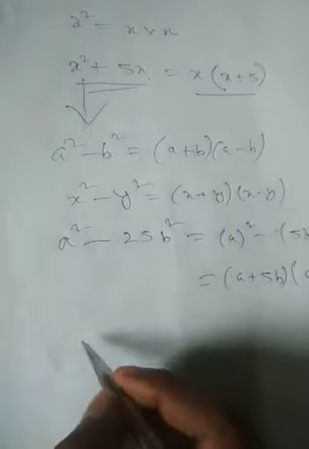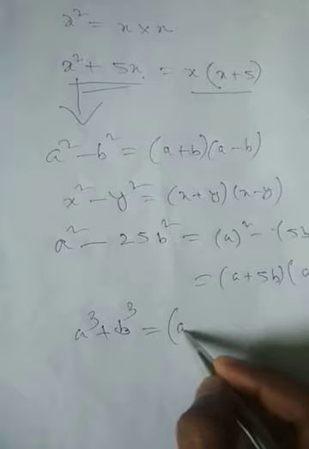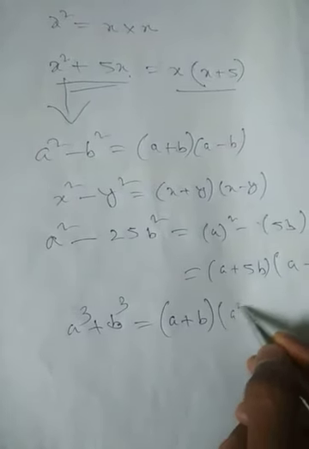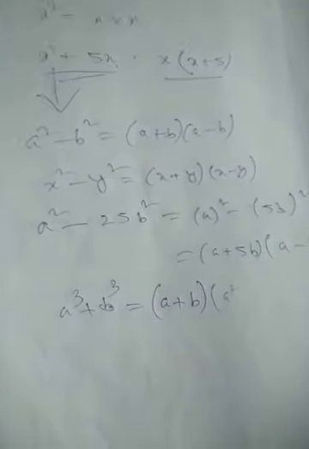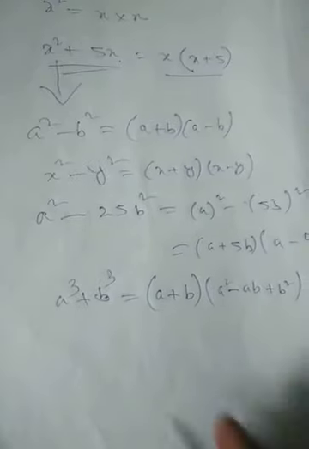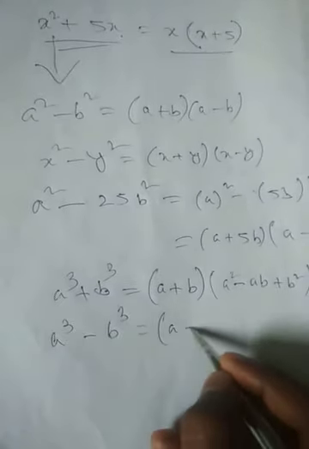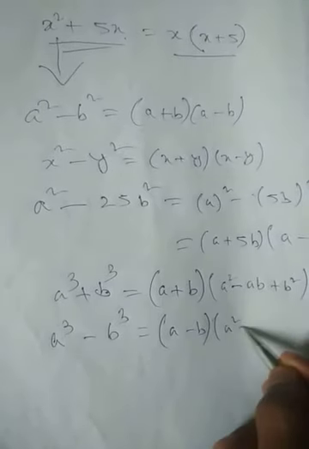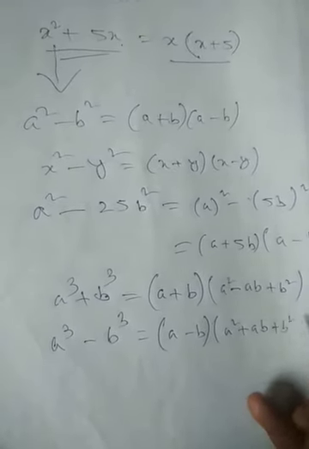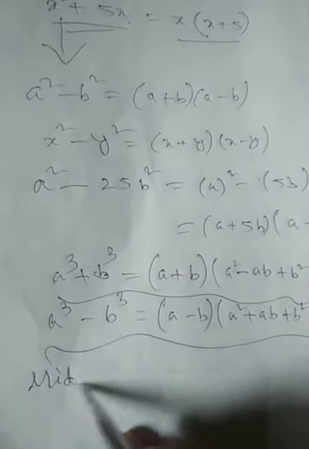There is another formula, a cube plus b cube equal to a plus b into a square minus ab plus b square. a cube minus b cube equal to a minus b into a square plus ab plus b square. You can use that formula for factorization.